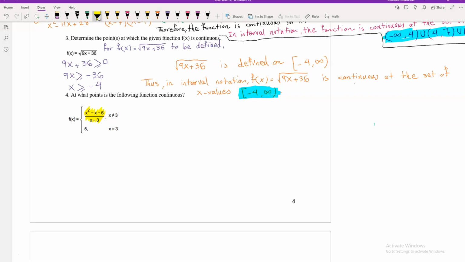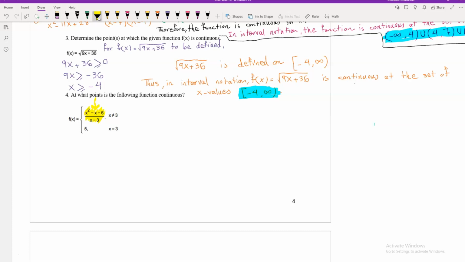That means this part is not continuous at x equal to 3, because here in the denominator we have x minus 3, and x shouldn't be equal to 3, because in that case this part will be undefined.